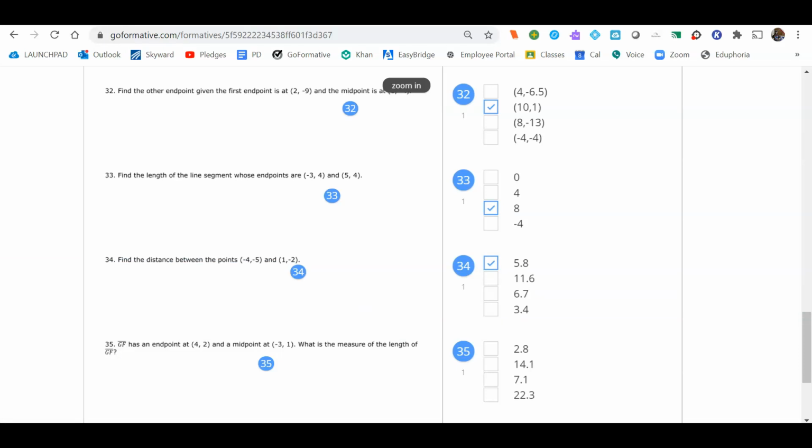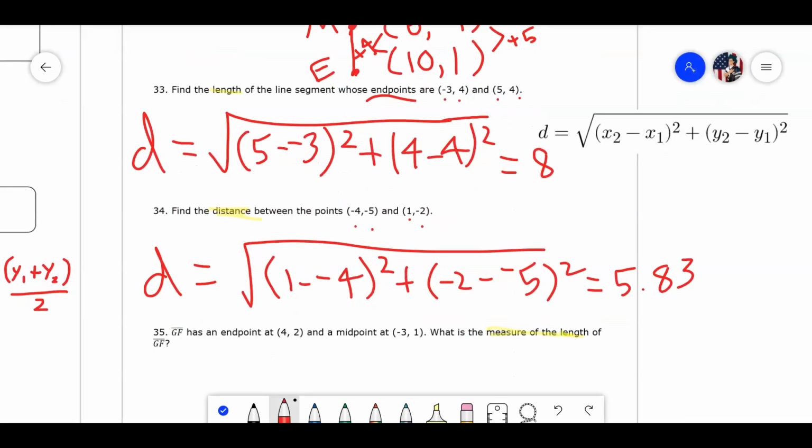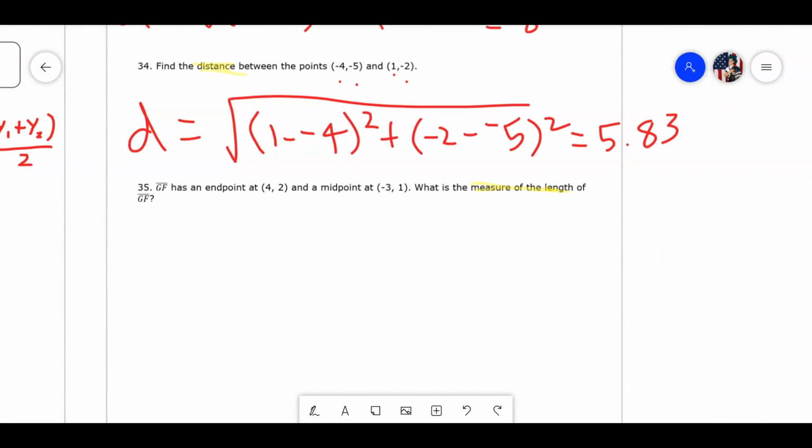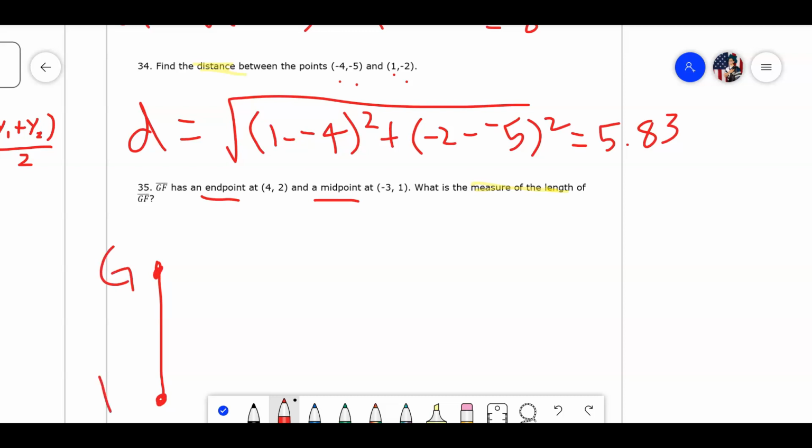Now, the last one for this review is kind of tricky, and here's why. It says GF has an endpoint and a midpoint. I want you to think about this. They're giving you G to M, and there's your midpoint, right?